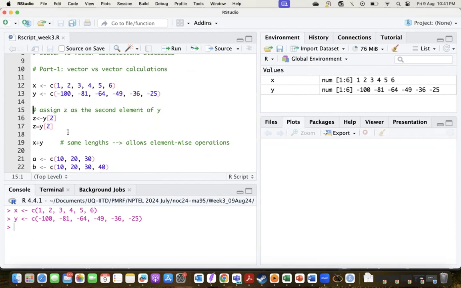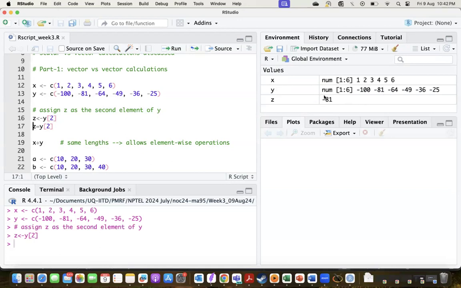Now, if you want to pick one or more elements from these vectors, you do that using the square bracket. The square bracket is always associated with positions. Now I want to take the second element of my vector y. If I do this, you can see that it takes the second element, which is minus 81.